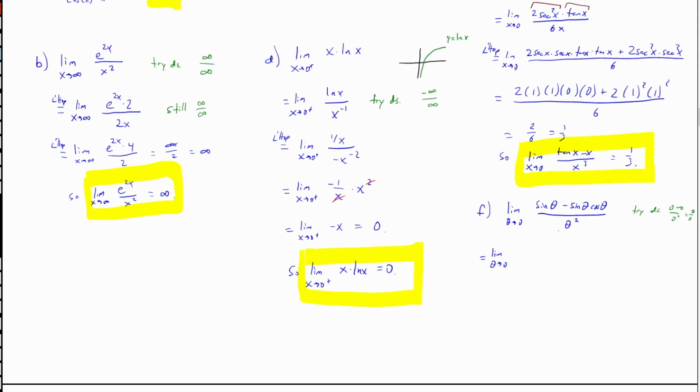So I'm going to go ahead and differentiate the top and bottom. The derivative of sine theta is cosine theta. And then here I'm going to have a product rule. Instead of thinking of this as minus stuff, I'm going to think of it as plus, and the first one is a negative sine theta. So when I take the derivative of negative sine theta, I'll have negative cosine theta times cosine theta plus the negative sine theta times the derivative of cosine theta, which is negative sine theta.